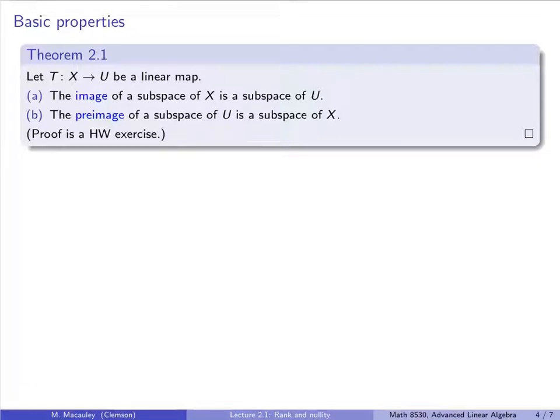So suppose that Y is a subspace of X, then the image of Y is what you think it is. It's just T of Y as a set.